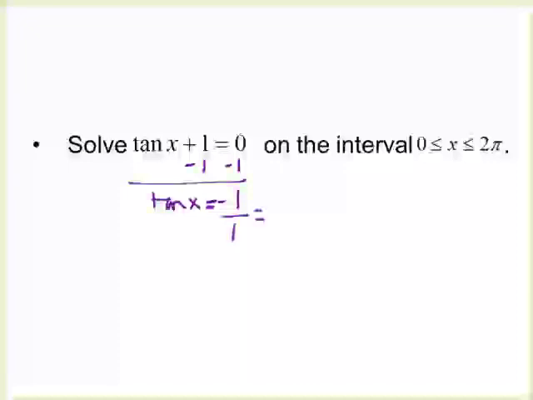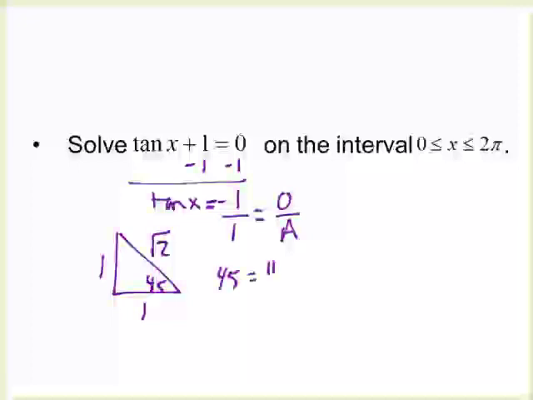And what's SOHCAHTOA for tangent? Opposite over adjacent. So which triangle has 2 ones neglecting the hypotenuse? 45, 45, 90. So our answer must be 45, which goes into 180. How many times? 4 times. We do not have a plus or minus here.